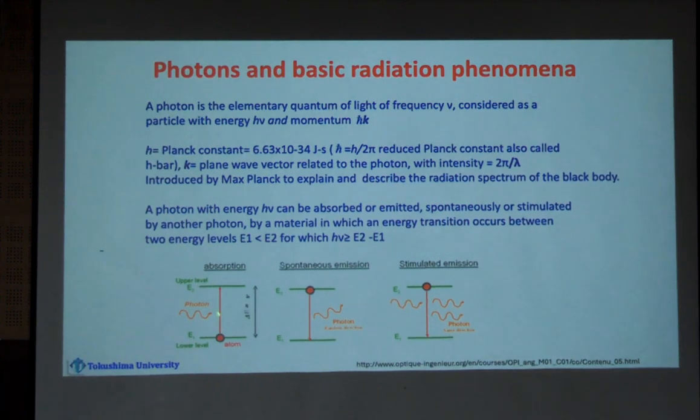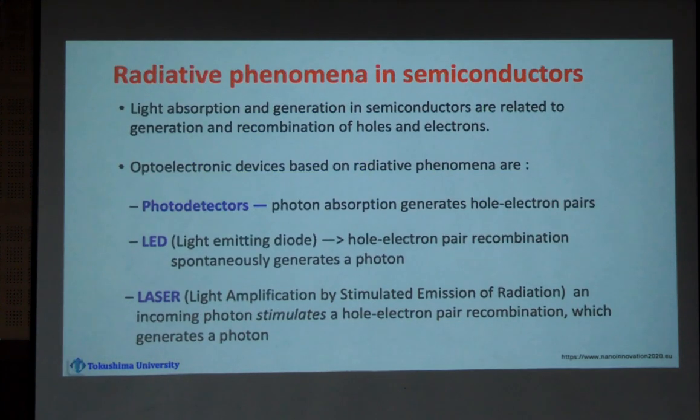So this energy allows this light to go, whether it can absorb, whether it can emit, or emit in certain waves. So there are three possibilities when we play with the light. So light is an important part of optoelectronics.